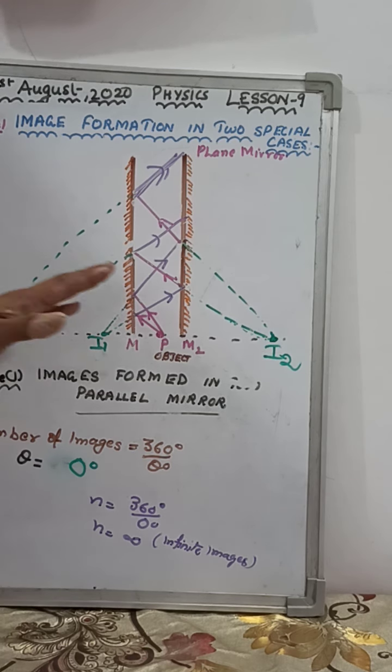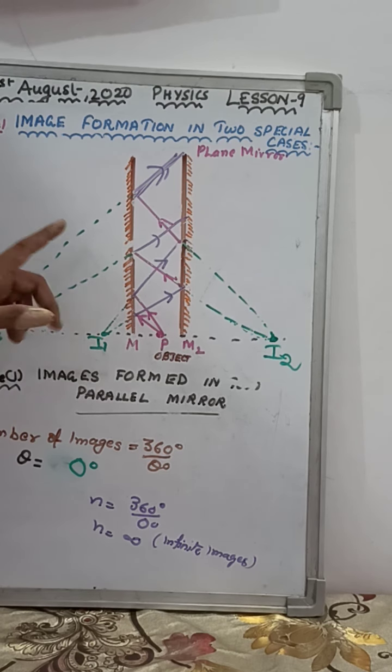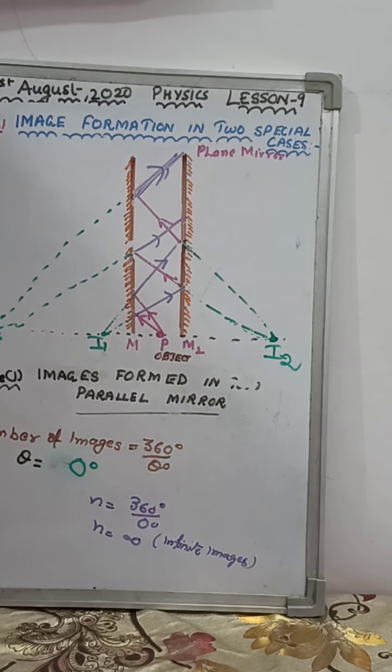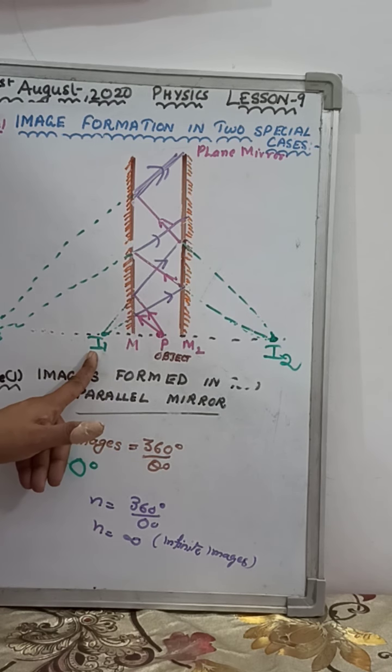This way the reflection will continue, because at each reflection some light is absorbed and some light is reflected back. Because of this, the brightness of the images decreases with distance. The brightest will be this one, the virtual image I1.